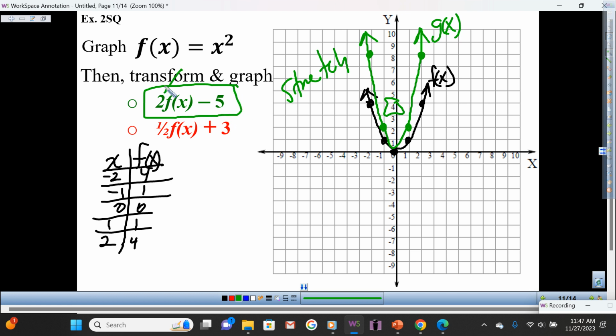So if this 2 stretches it, what do you think this fraction in the front does to the original? Tell your neighbor. If the 2 stretches it, what does the half do to it? Yeah, compresses. And we'll stop right there.